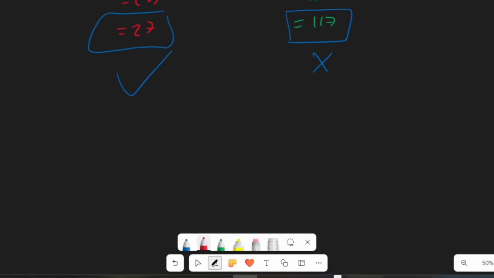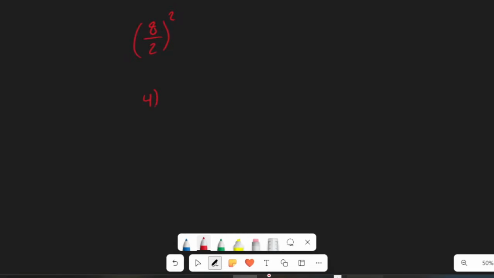So last example, using division, let's say we have 8 over 2, all squared. Then we could take two methods. Either we divide first and we get 4 squared, which is 16, or we can expand it first.